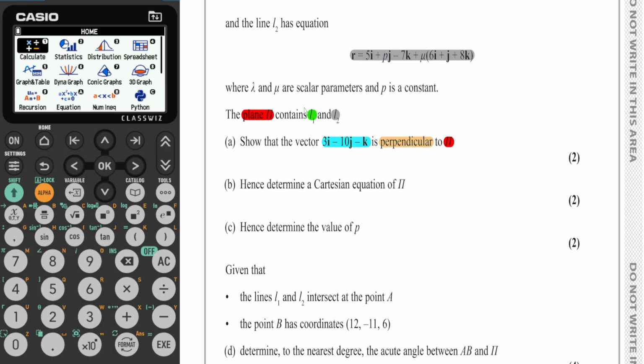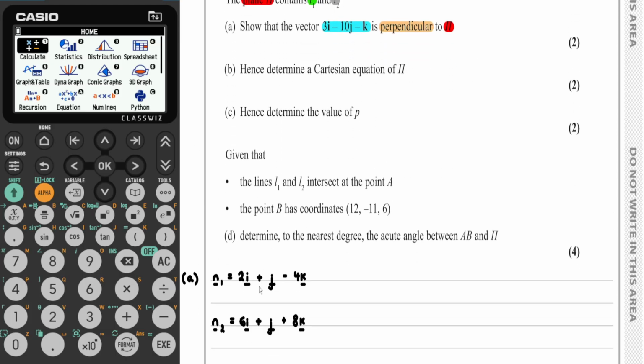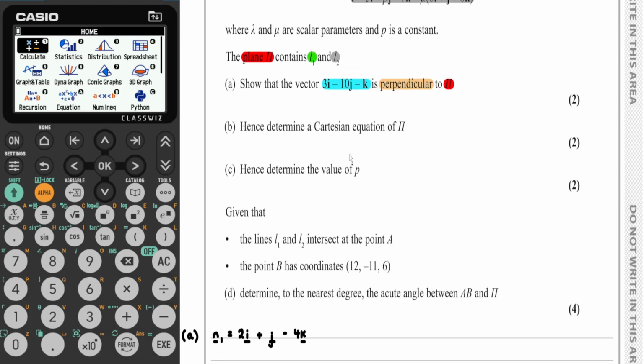Now because pi contains L1 and L2, in other words L1 and L2 lie on pi, if we somehow show that this vector here is normal to n1 and this vector here is normal to n2, we would show then that 3i subtract 10j subtract k is perpendicular to pi.